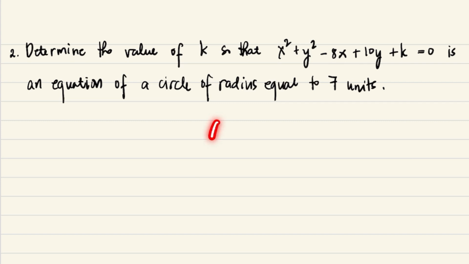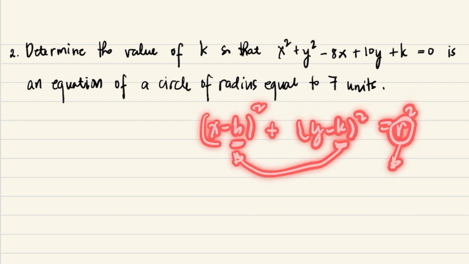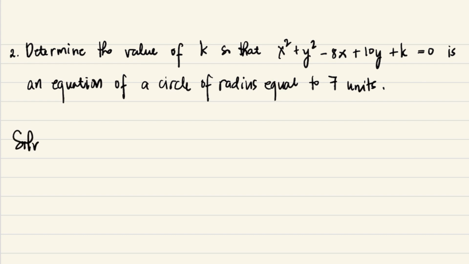The equation of a circle is given by (x minus h) squared plus (y minus k) squared equals r squared, where r is the radius, and h and k are the coordinates of the center. To solve that, I would rearrange the equation in such a way that I can follow the format. So I have x squared plus y squared minus 8x plus 10y plus k equals 0.